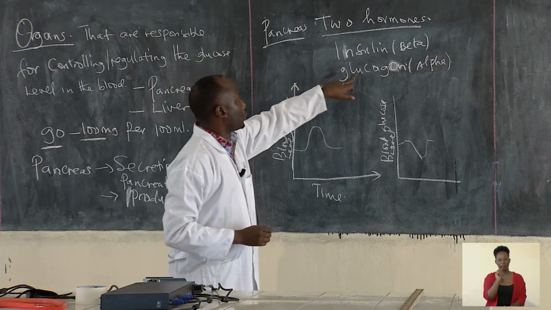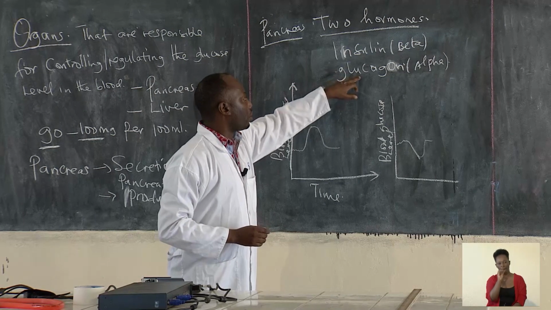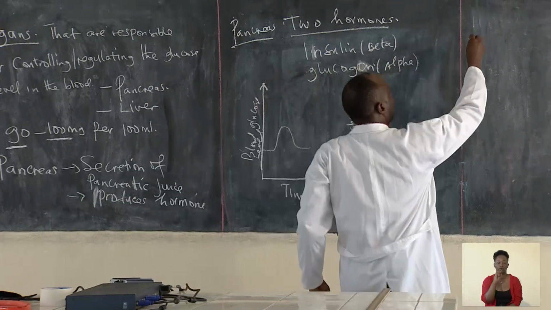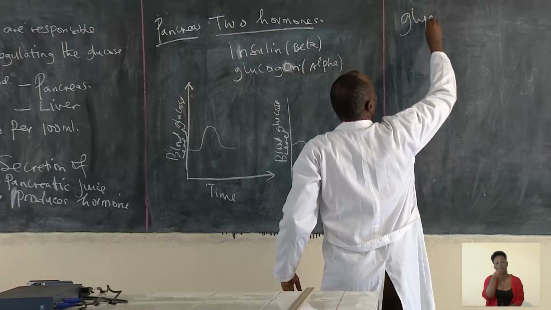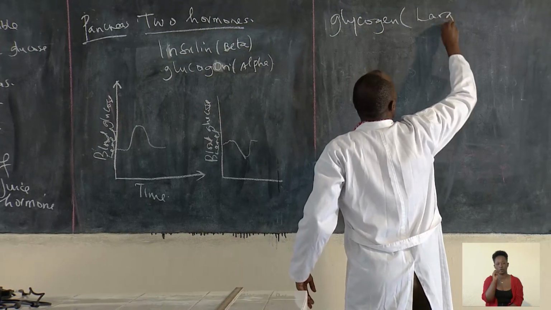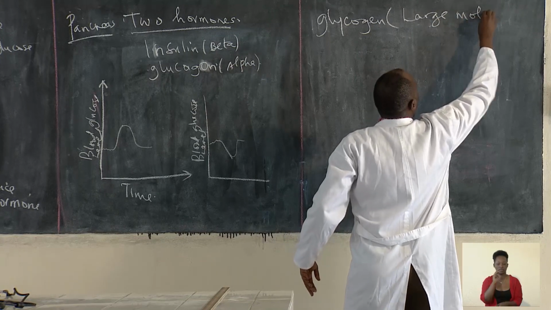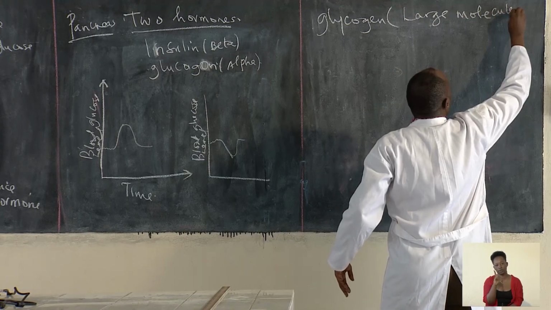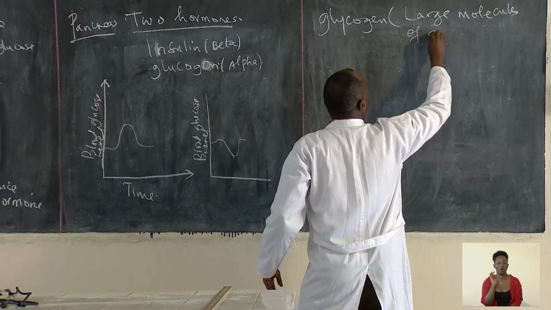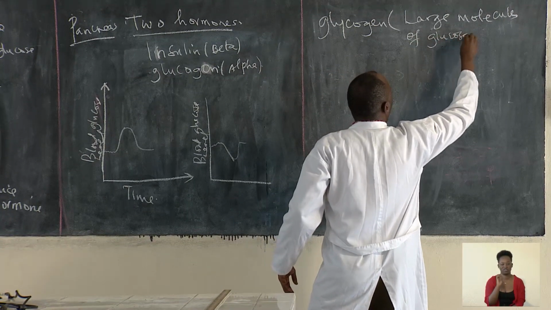We have glycogen. Glucagon is a hormone. Then glycogen, these are large molecules of glucose. All right?